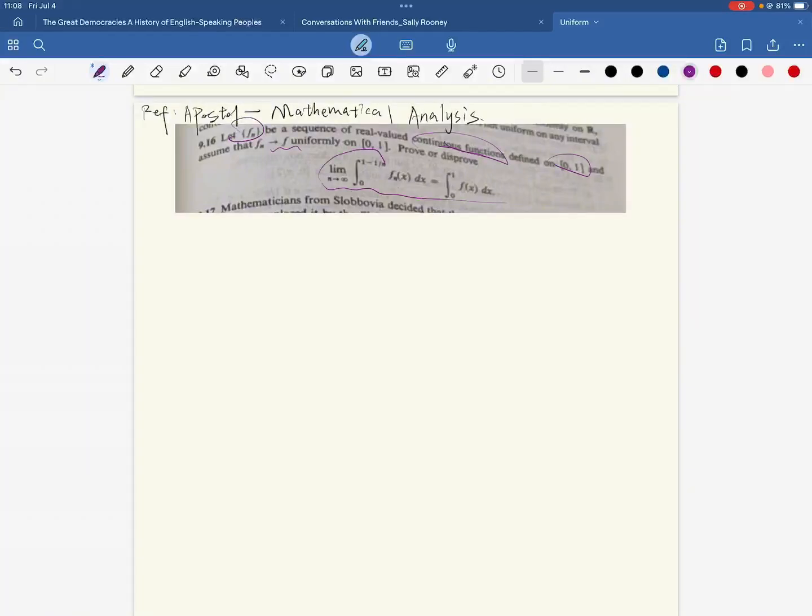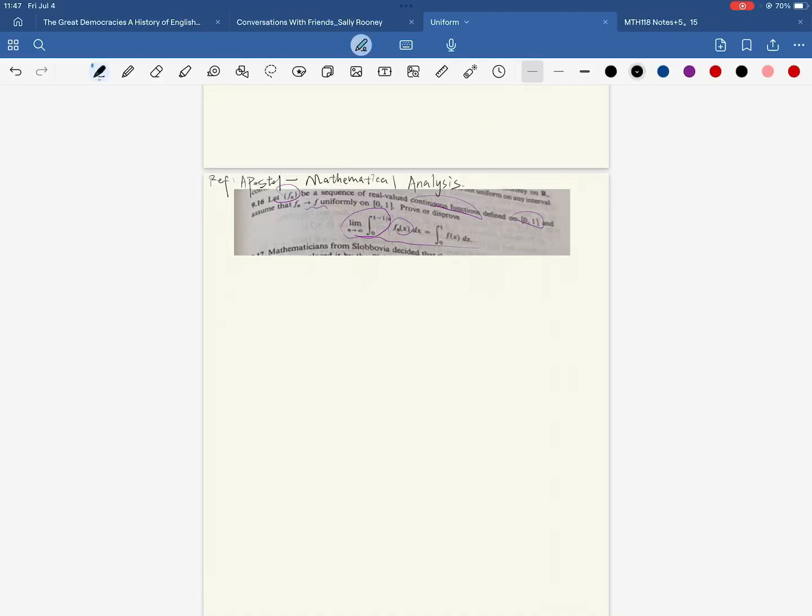Since we have this limit and this integral, and Fn is uniformly convergent, we have the property that uniform convergence preserves integrability, so we could interchange the limit and the integral.